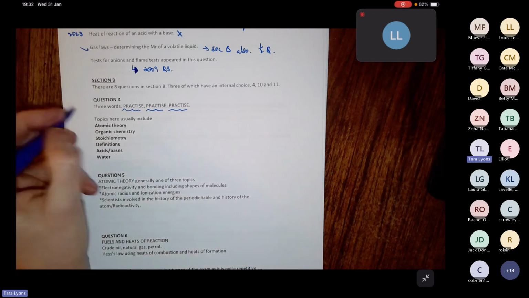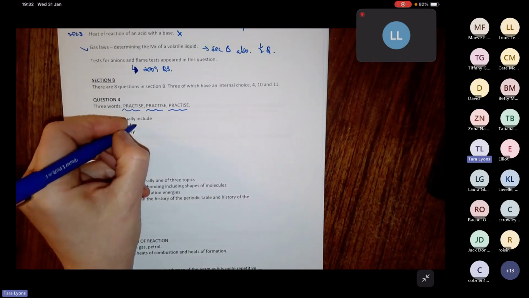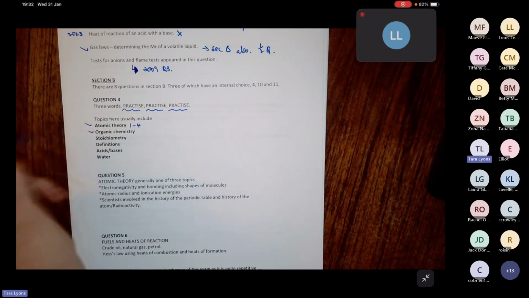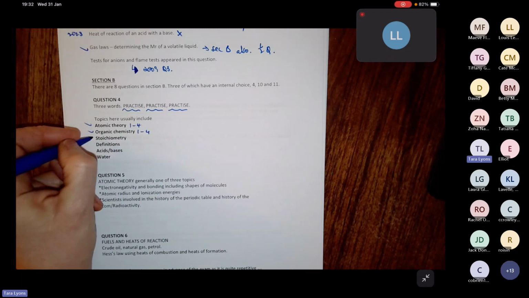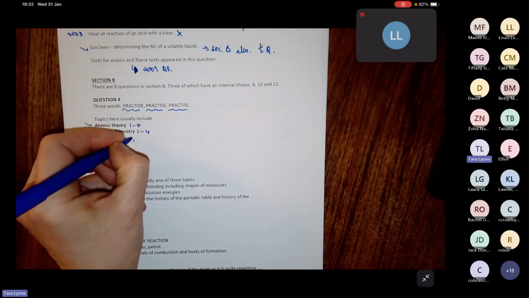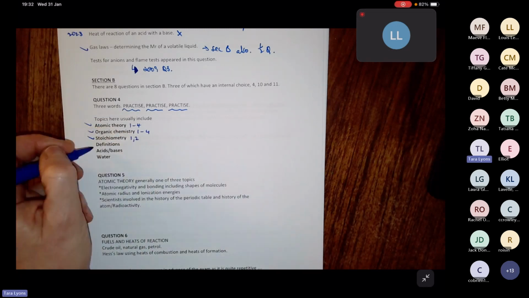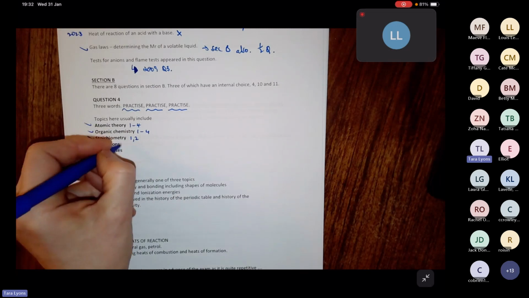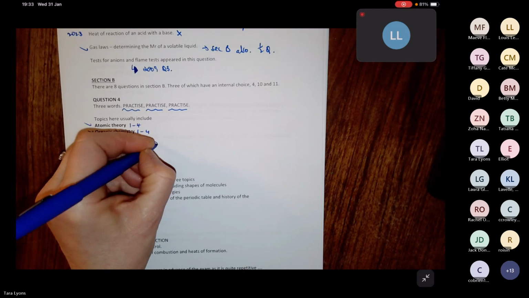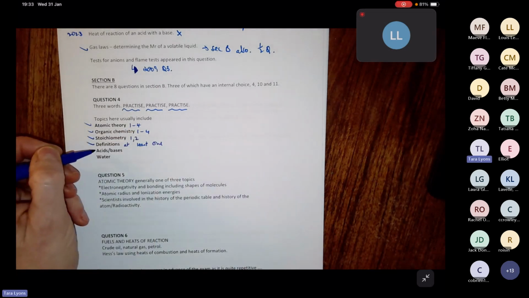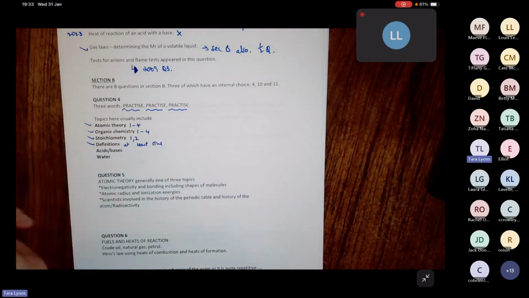Now, you're always going to have atomic theory, anything from 1 to 4 parts. You're always going to have organic chemistry. Again, that could be anything from 1 to 4 parts. Stoichiometry is usually 1 or 2 parts. There'll be at least 1 definition, but possibly more than 1. You might get acids and bases. What's an acid according to Bronsted-Lowry, according to Arrhenius?